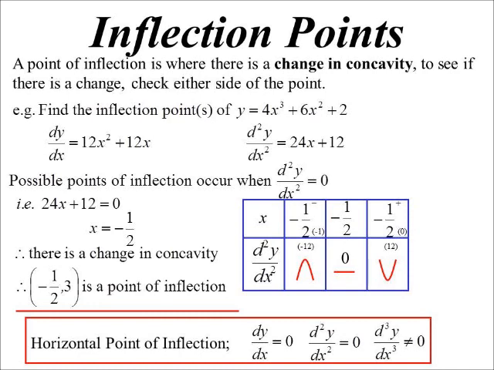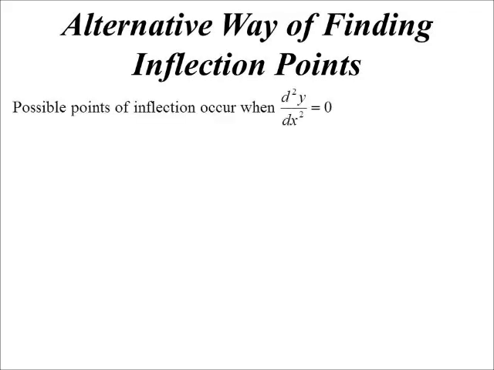Any other number, and there is a change in the second derivative. That's why I've put there, the third derivative does not equal 0. So an alternative way of doing it: we still locate our possible points of inflection, where the second derivative equals 0.